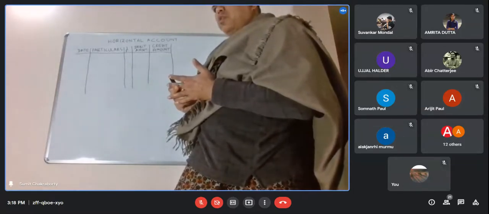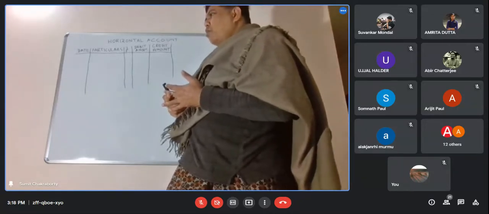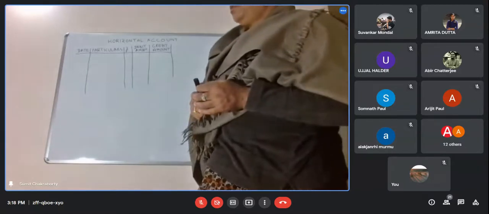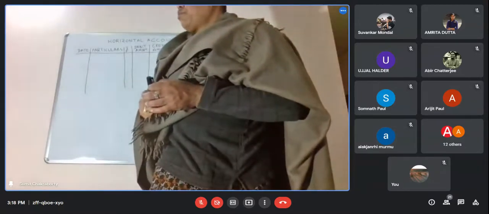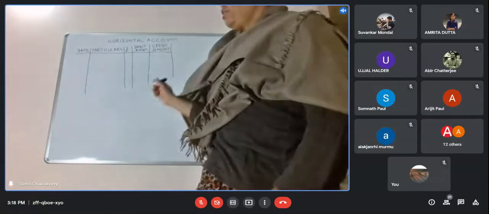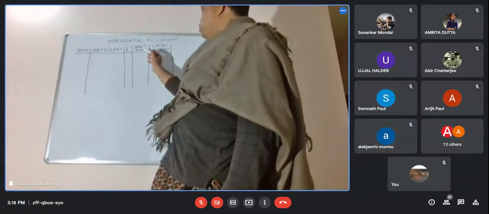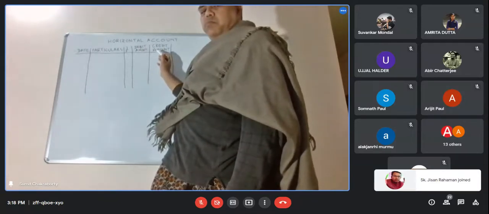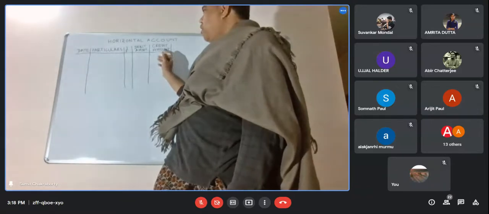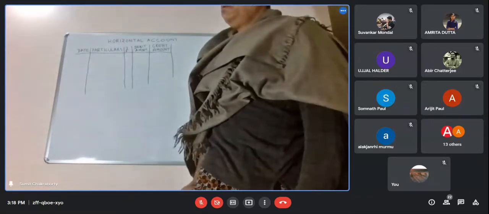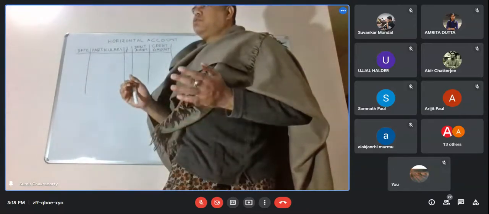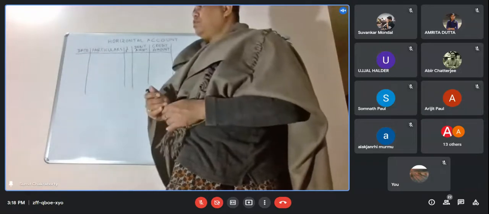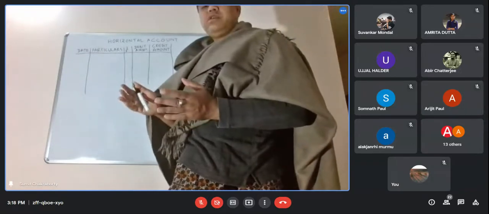In France or somewhere in Rome, maybe one Italian monk actually arbitrarily showed debit on the left hand side and credit on the right hand side of a church. Because in the older days, everything was religious oriented, church oriented, temple oriented, or even masjid oriented.